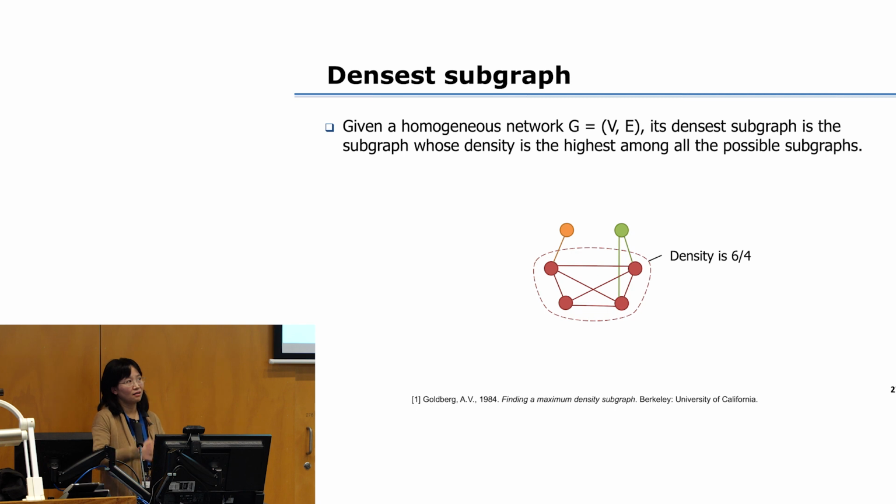For instance, in social media, if there are some bursting events, then usually the retweets and likes will form a dense subgraph, and we can use this to quickly detect if there are some emergent events happening in daily life.